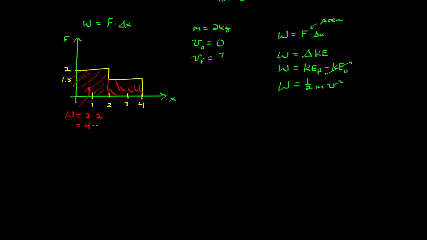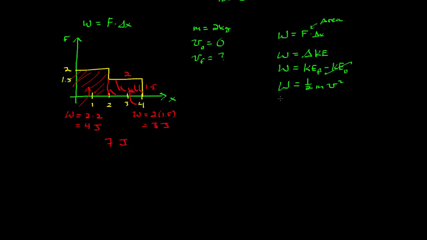We get 4 joules of work. And then we come over here, and this is 1.5. But the length is not 4, it's 2, because it's 2 to 4, so times 2. So the work here is going to be 2 times 1.5, which is 3 joules. So the total work is 7 joules. So we got 7 joules of energy put in.